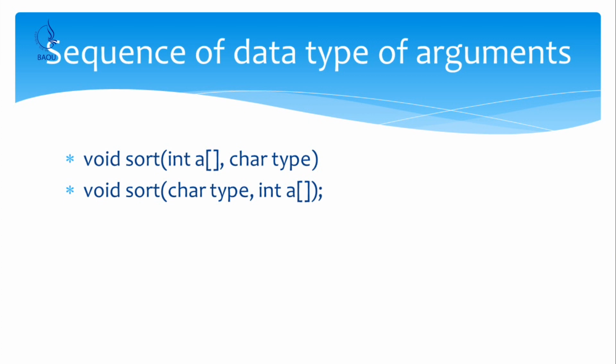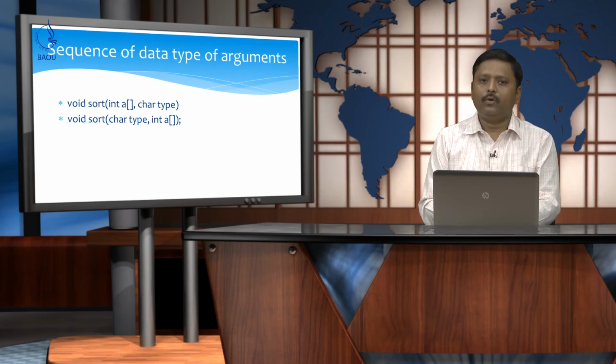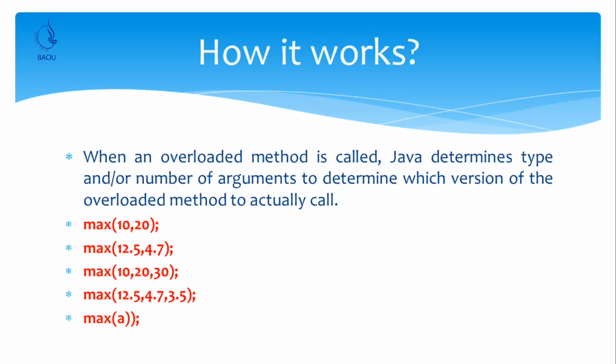So, we can define two sort methods. The first has an integer array as the first argument and the type as the second argument, and in the second case we have the type as the first argument and the array as the second argument. This is also an example of method overloading. Now, how does it work?